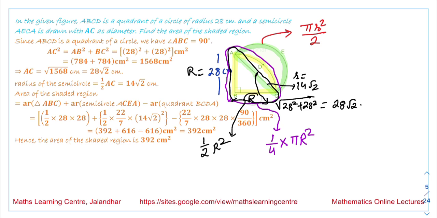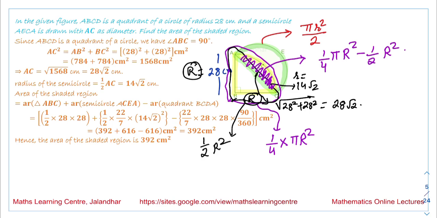Base is also of length r. This is also of length r. So the area of this segment will be 1 by 4 pi r square minus 1 by 2 r square.